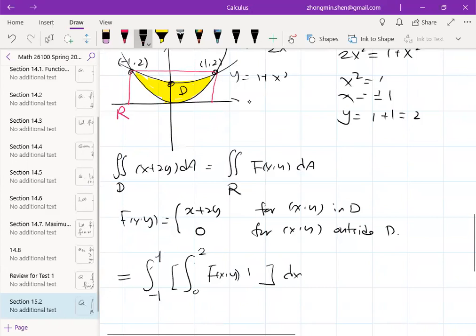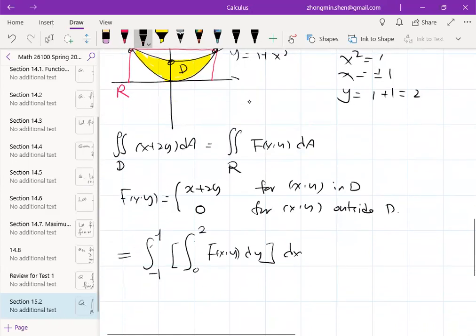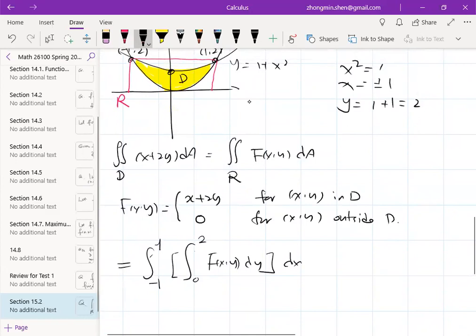Capital F of x, y dy, okay? Got it? But as you can see, this capital F(x,y), for every fixed x, is going to be 0 outside the domain.